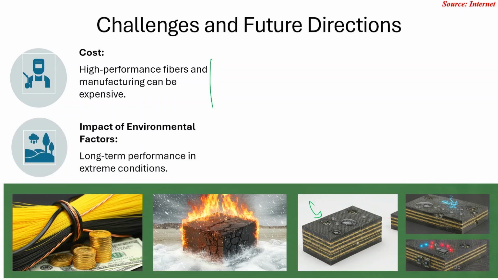And next is the impact of environmental factors, like long term performance under extreme condition, that we have to see. Depending on the fiber we can have, but the matrix material may get damaged in the extreme condition.